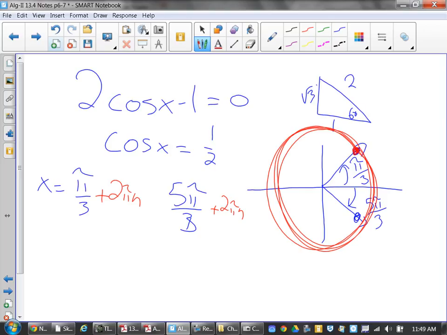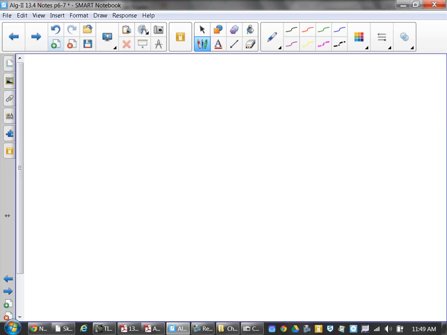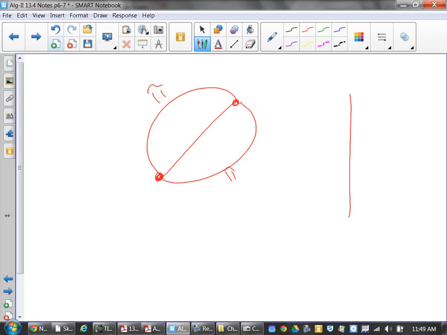Because sometimes, for example, let's say a tangent. Tangent, remember, is positive first in the third quadrant. To go from here to here is just pi, and to go from here to here is just pi. The other thing that happens is sometimes you wind up with your pi over 4s.